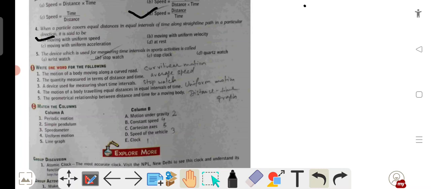Fourth, uniform motion means the speed is always constant. Fifth, a line graph is in the Cartesian axis, meaning the x and y axes.